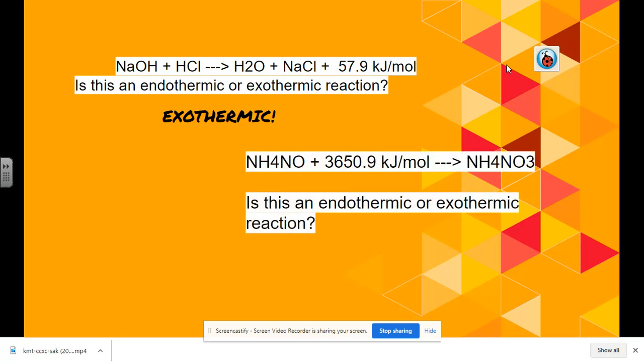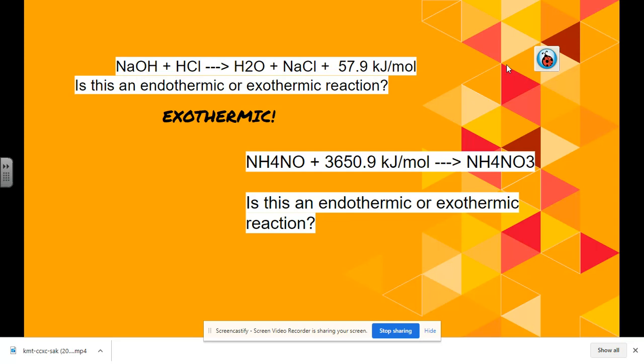Here you have ammonium nitrate. Oh, they left off something. Anyways, you have ammonium NH4 and then NO. I feel like that's written wrong. I would need to go back and check that. Anyways, what we're looking at though is the number there, 3650.9 kilojoules per mole.